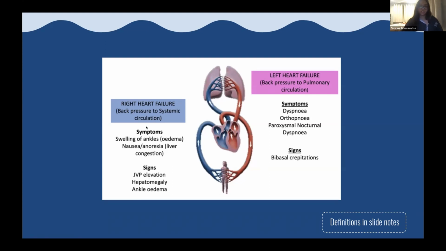And then on the right heart failure side, we have swelling of the ankles and congestion in your organs throughout your body, like your liver. And then also backing up into your JVP, which you're probably not familiar with either, and that's not really important. You can ignore that. But overall, just a lot of buildup and swelling in your body as opposed to your lungs.